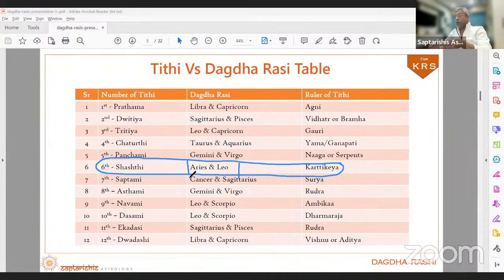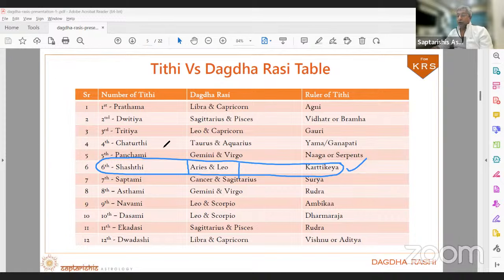So if you are born in Sashti Tithi, and these two signs, you need to heal, you need to pray to him. Also, you need to follow the rules of the diet. Are you able to understand?